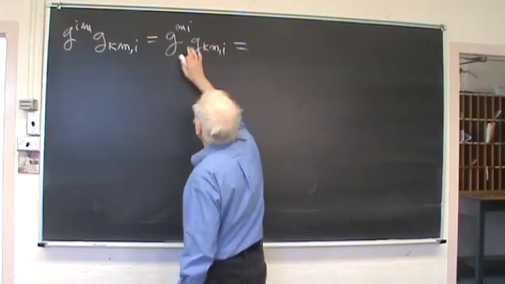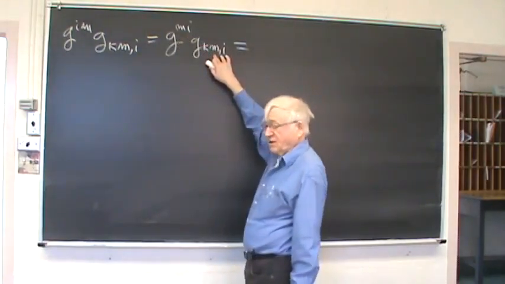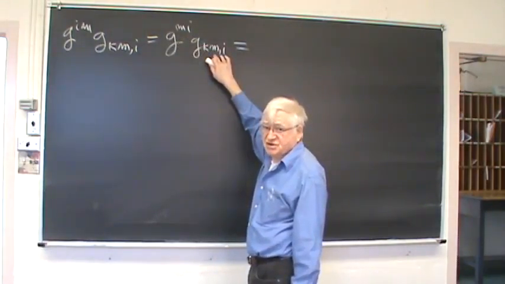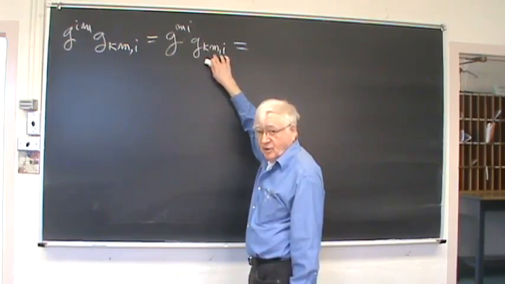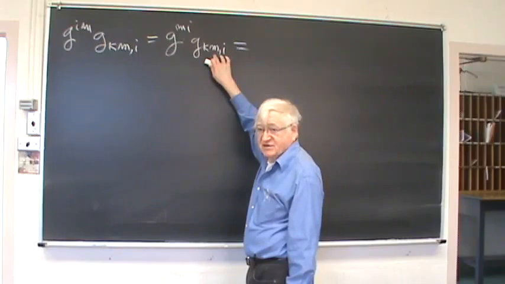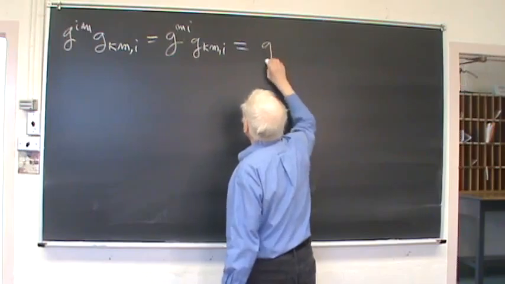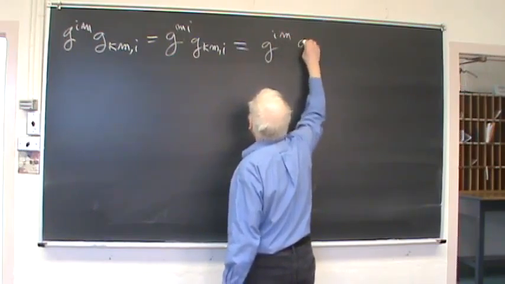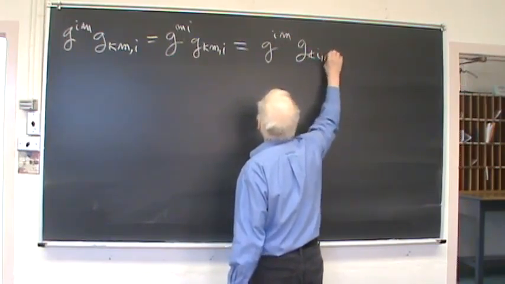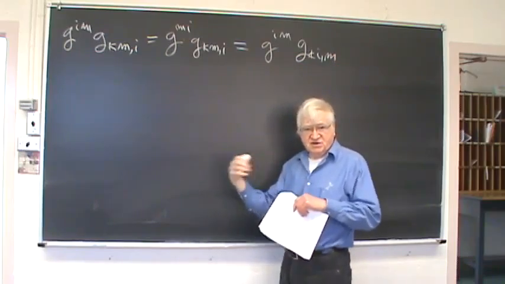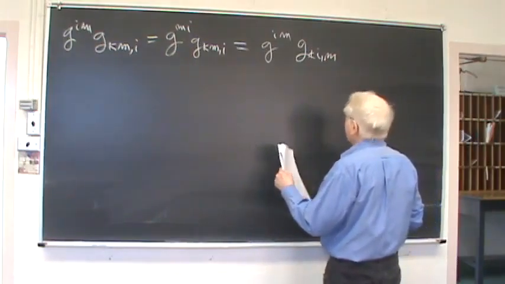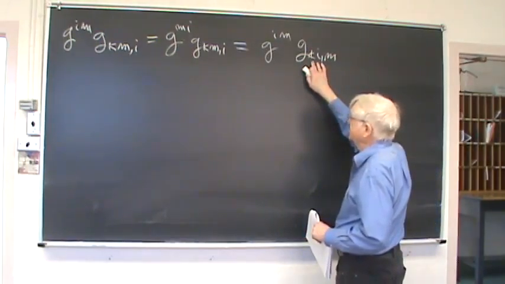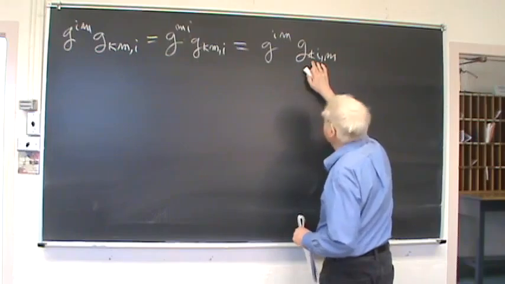Now, M and I, this is a remarkable case where we have two contractions. So M and I are dummy indices, so they don't care what we call them. And we can call them I M and M I. If we do that, we get G^{IM} G_{MK,I}, so I've just interchanged M and I. And then I'm using again the symmetry of the metric tensor.